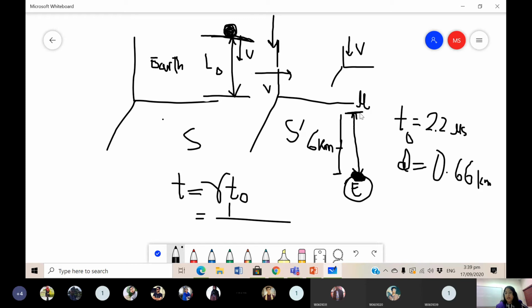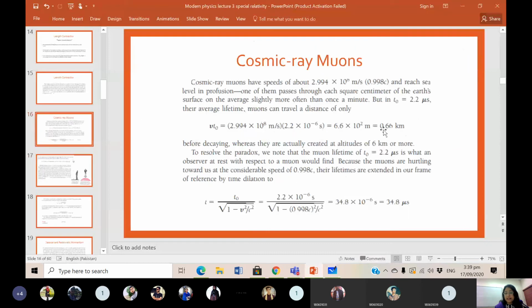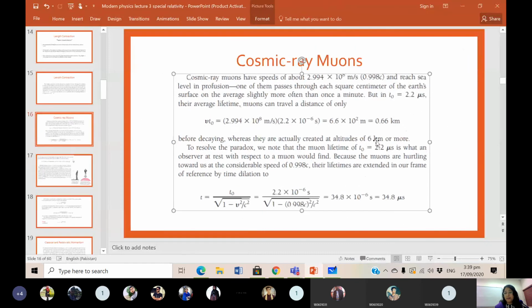But in its own frame, the distance I calculated was only 6.66 kilometers, because in its own frame it travels with this velocity, and the time is its proper time, which is the average lifetime it takes to decay, 2.2 microseconds.